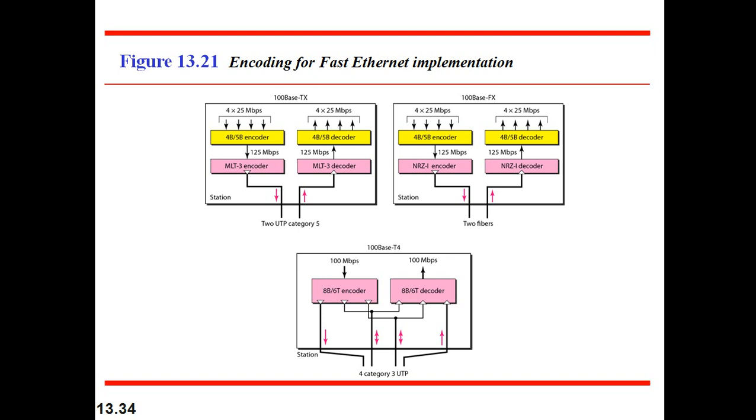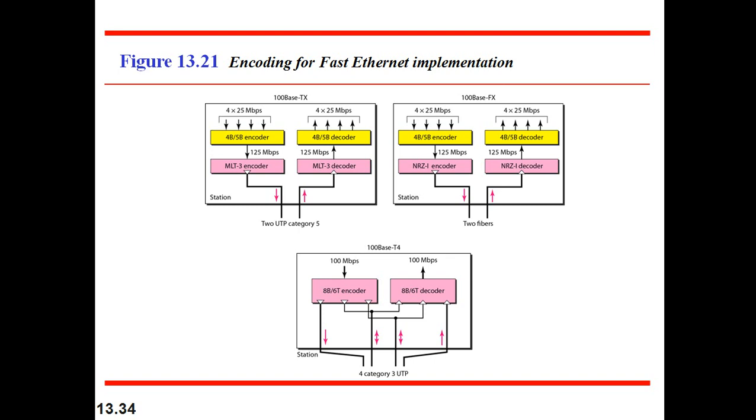For that purpose, we are using a 4B/5B encoder here. In turn, that produces a data rate of up to 125 Mbps. That is fed through this NRZI encoder, that is, a non-return to zero invert encoder, so that we are able to achieve 100 Mbps of data rate.